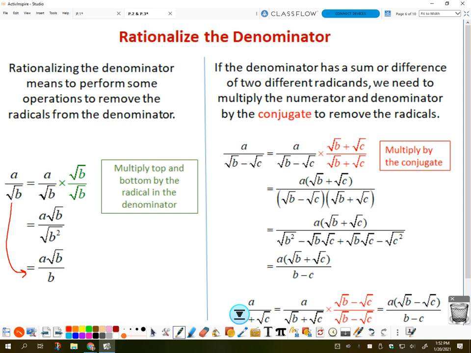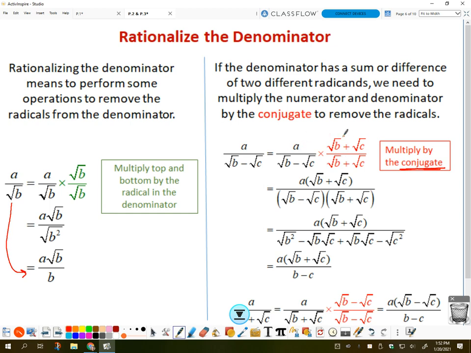If we have more than one piece in the denominator, or 2 radicals in the denominator with add or subtract, then you have to multiply by what's called the conjugate. And all the conjugate is you change the sign. So we keep the front and the back. We just change whatever that sign is. So if this was a plus, we'd make it a minus here. And you multiply the top and the bottom by that. And it's a matter of distribute.